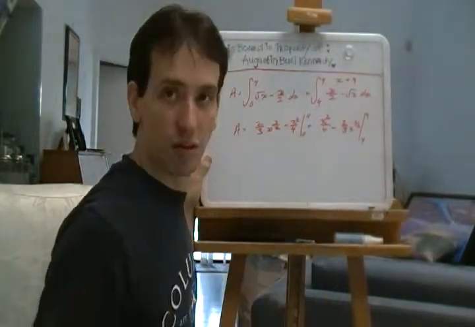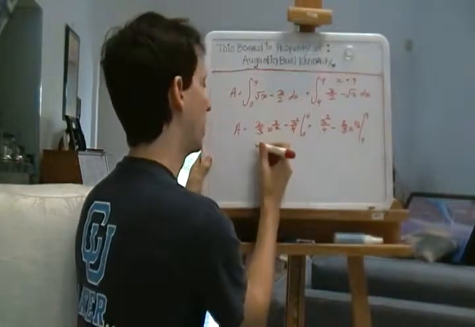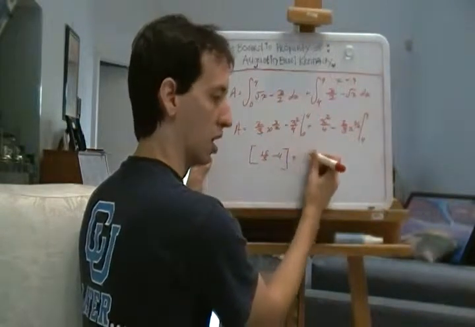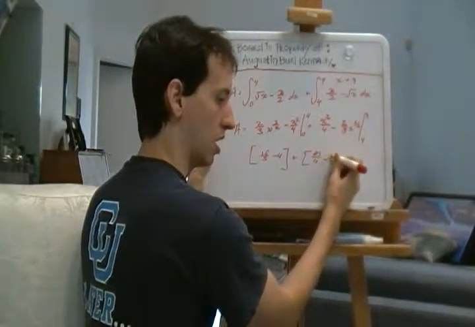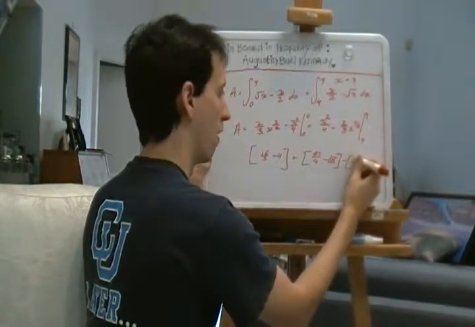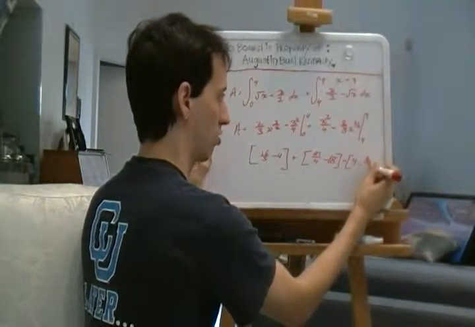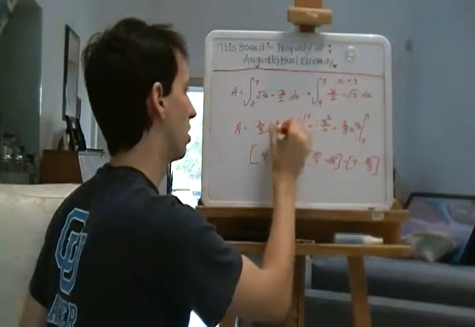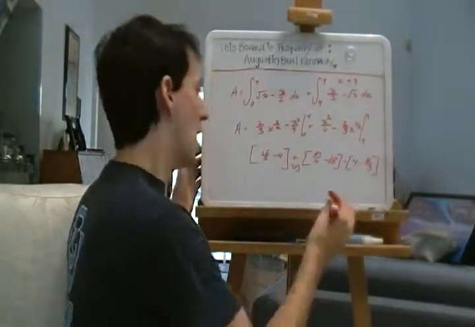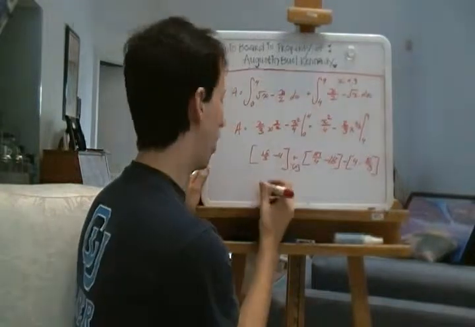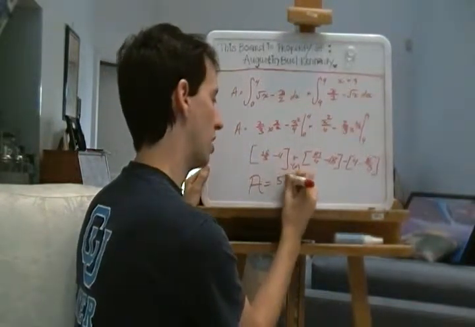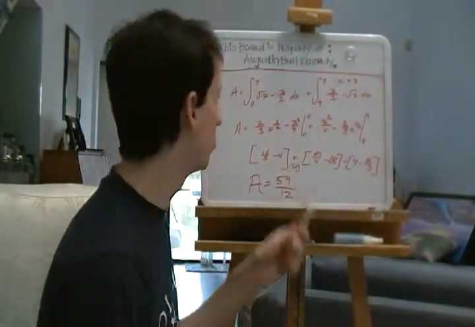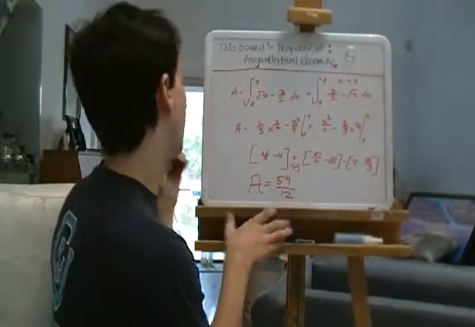Plugging in those values using the fundamental theorem of calculus, you'll get something like 16/3 minus 4 plus 81/4 minus 18 minus 4 minus 16/3. You'll notice that I omitted the minus 0 because when you plug 0 into that function, you get 0. And if you take the sums and differences of all of these things, as God is my witness, you will get 59/12. And that is the area between those two curves on the interval from 0 to 9.